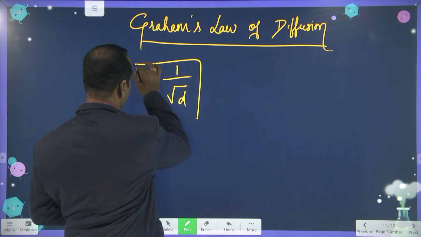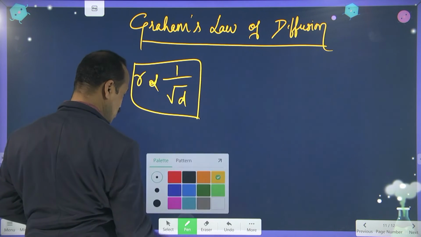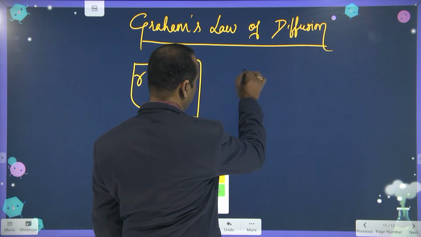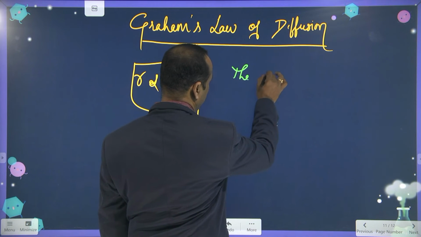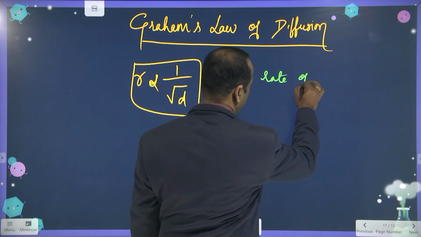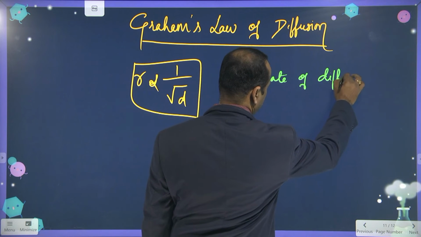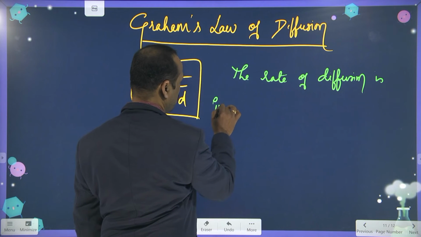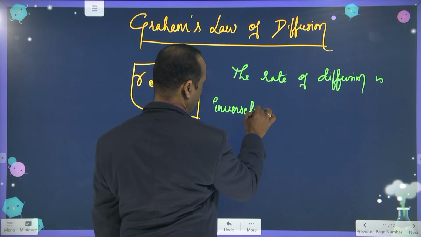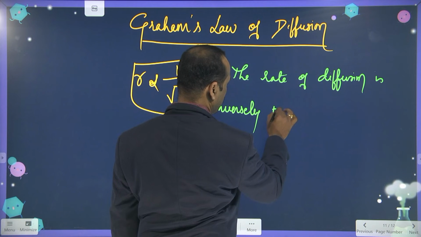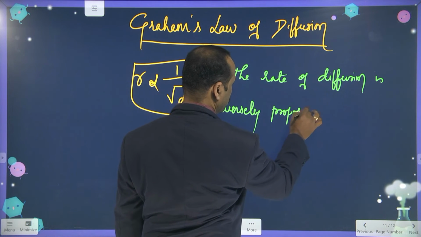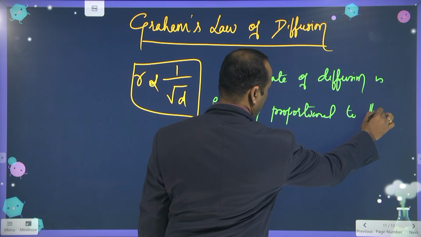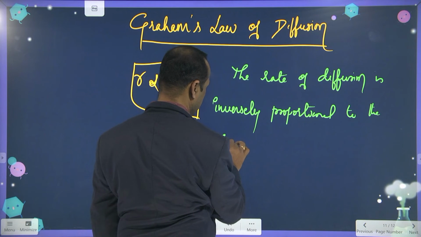This is the formula, and if you want to write the definition, you write the same thing. The rate of diffusion is inversely proportional to the square root of its density.